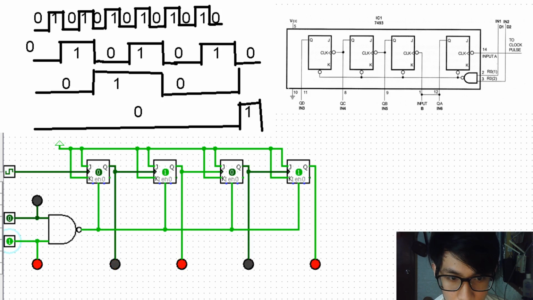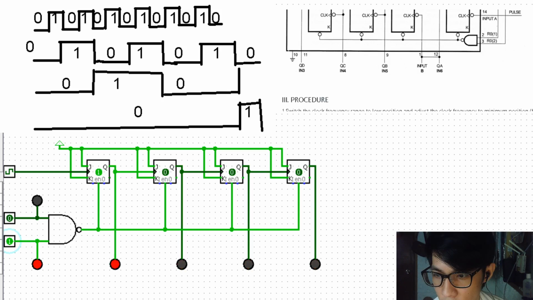For the next, it has a delay of 0 1, then 0, then 1, then back to 0 again. It takes longer and longer as more JK flip-flops are connected. So that's for our circuit.